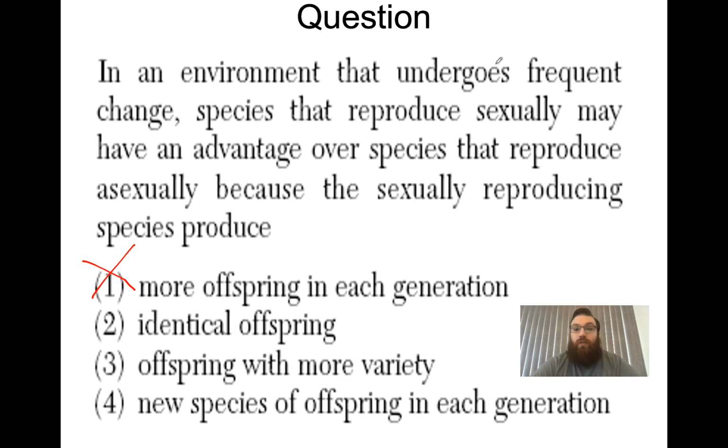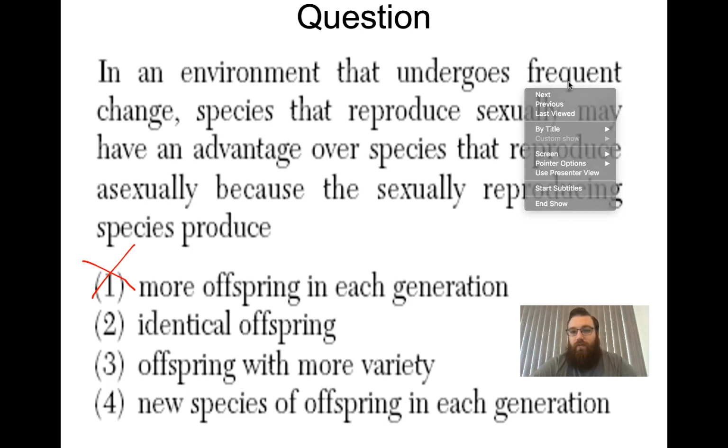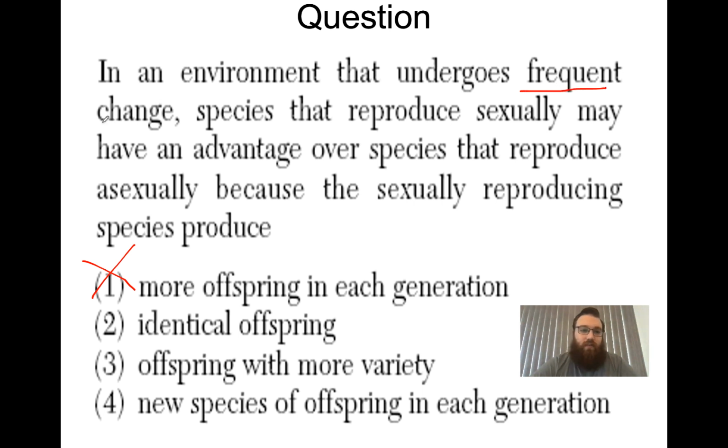So we're talking about frequent change here. We'll talk more about this when we get to evolution. But as we said before, sexually reproducing species do not have identical offspring. Okay, this is the asexual species.